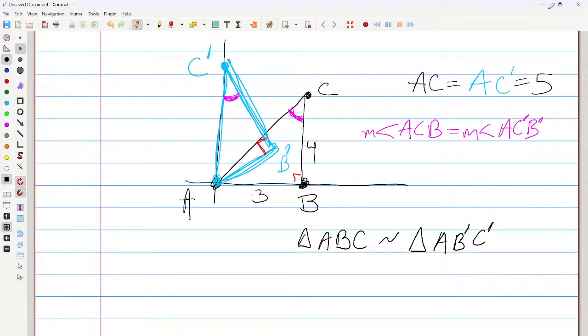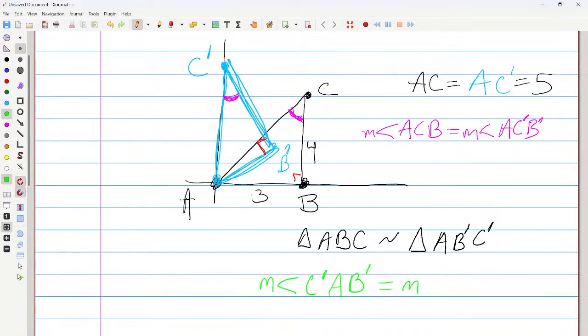We also want to notice that the measure of angle C prime A B prime is equal to what?